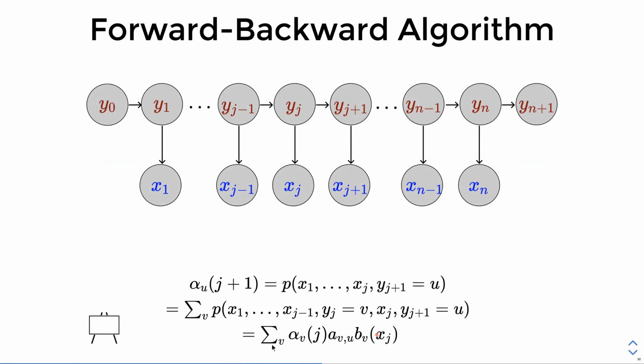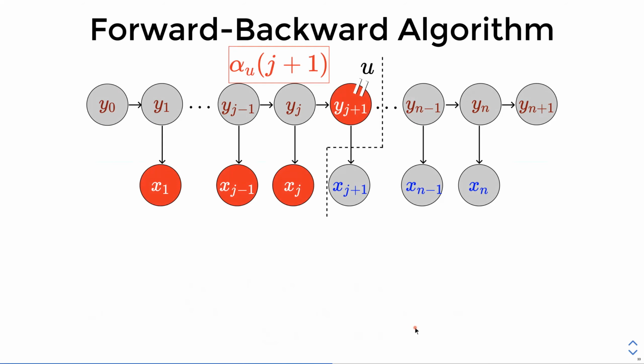So in other words, we arrived at the recurrence relation between different alpha terms. This is actually an alpha in a particular node from the previous layer.